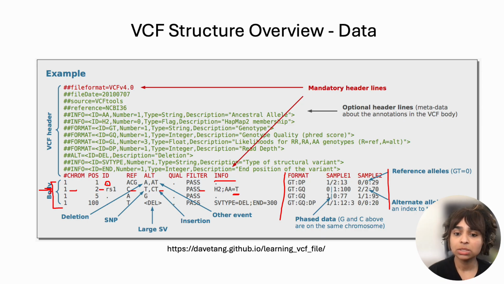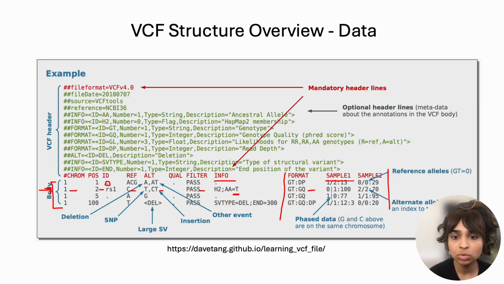So the FORMAT. If you see the format here, it says GT colon GQ, which means genotype colon genotype quality. Now what does it mean? Let's see the first sample. First sample we see 0|1:100.